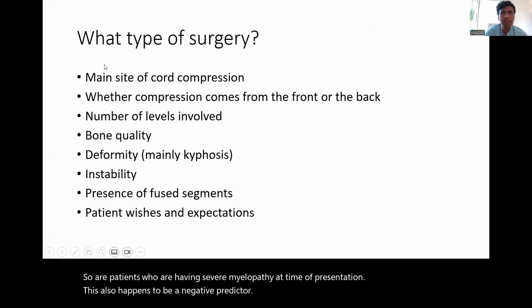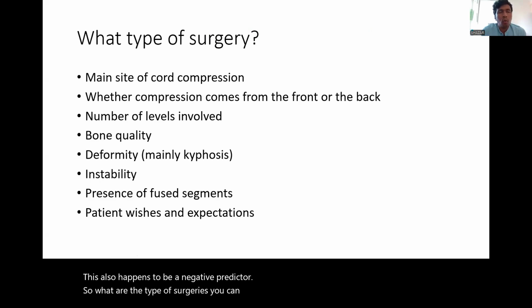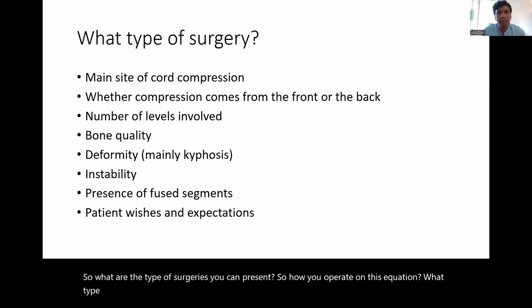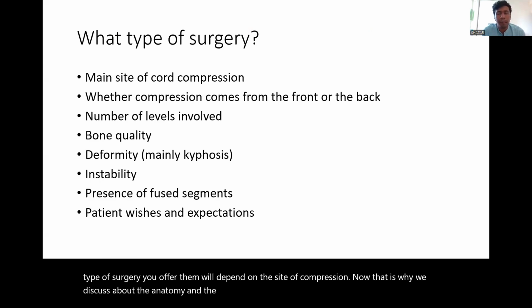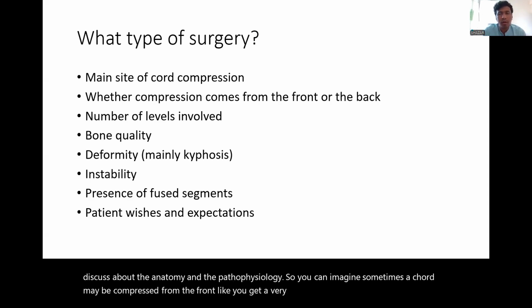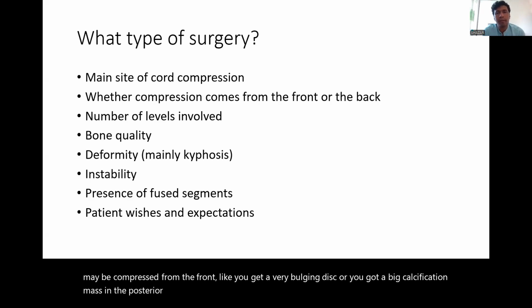So what are the types of surgeries you can offer? How you operate on this patient, what type of surgery you offer them, will depend on the site of compression. That is why we discuss the anatomy and the pathophysiology. Sometimes the cord may be compressed from the front, like a very bulging disc, or a big calcification mass in the posterior longitudinal ligament, or you can have elements from the back which are compressing the cord.